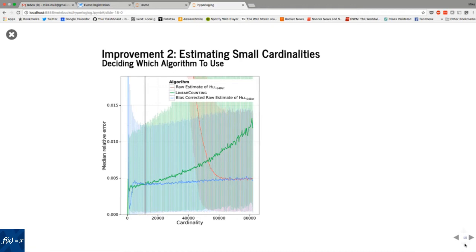If it's above that line, they use their bias-corrected version of HyperLogLog. And you can sort of see that above, as Chris was saying, about 60,000 or so, HyperLogLog and the bias-corrected version of HyperLogLog essentially give the same results. So the bias sort of disappears above those cardinalities.